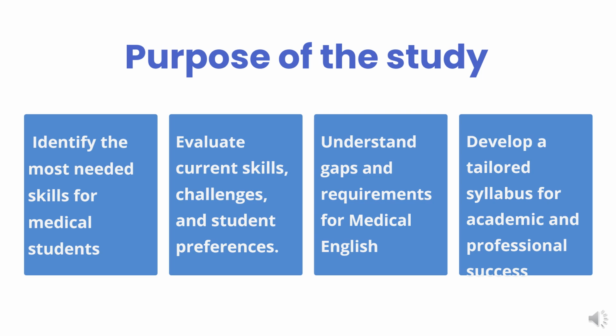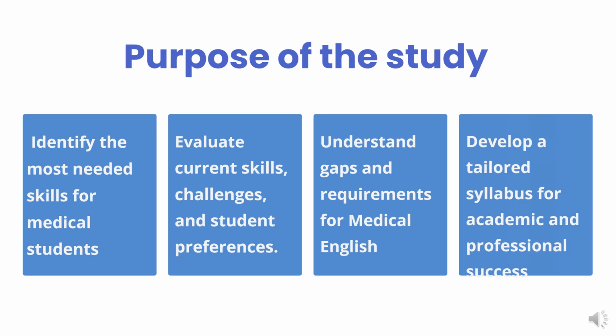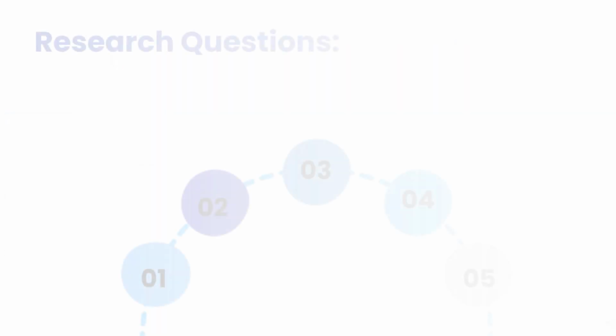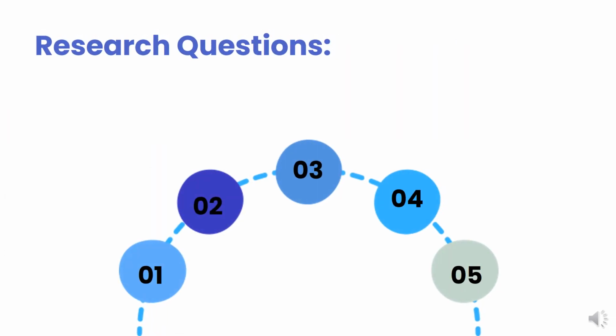Now turning to the research questions. Our study was mainly based on 5 questions. What do fourth-year medical students need to focus on? That's the language focus area. Which skills do they currently possess and where do they need improvement?